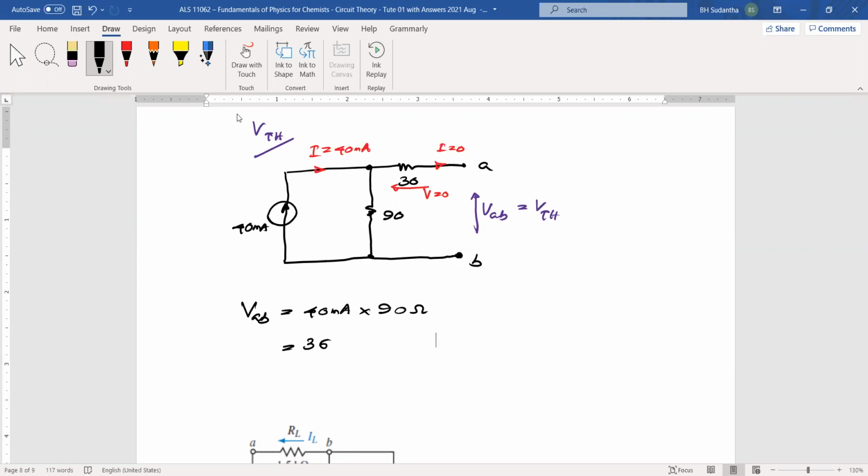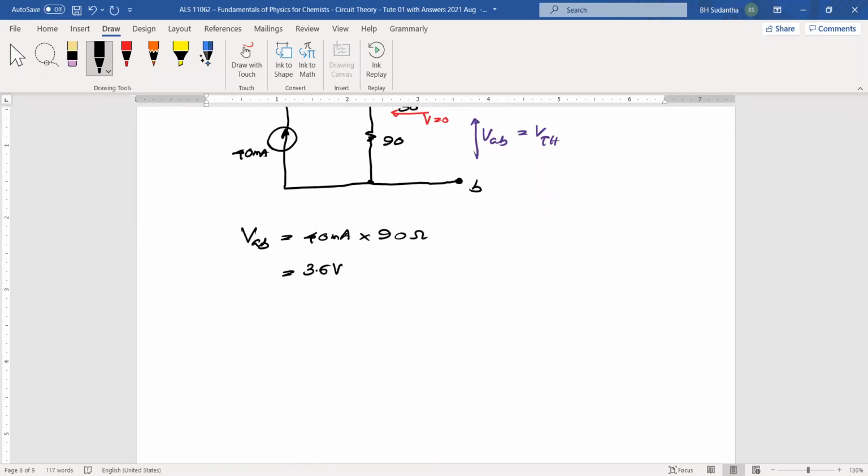Six zero zero, then it's 3.6 volts. Okay. Now we know VAB, that is VTH.